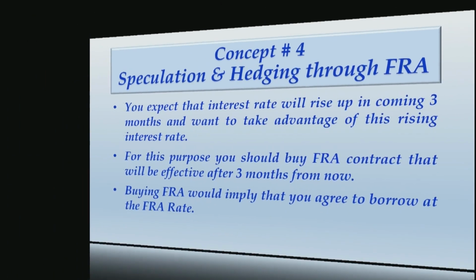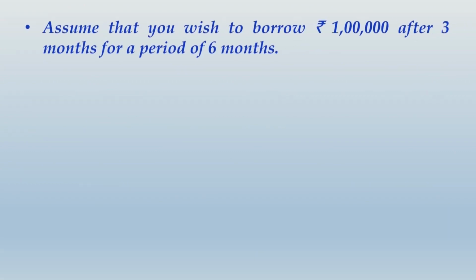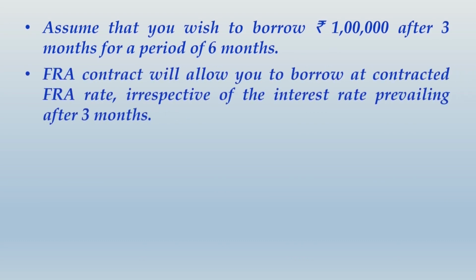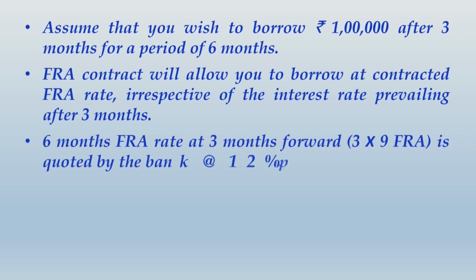Let us move ahead and now take up some more calculative content. Assume that you wish to borrow rupees 1 lakh after 3 months for a period of 6 months. So FRA contract will allow you to borrow at contracted FRA rate irrespective of interest rate prevailing after 3 months. 6-month FRA rate at 3 month forward, that is 3/9 FRA.